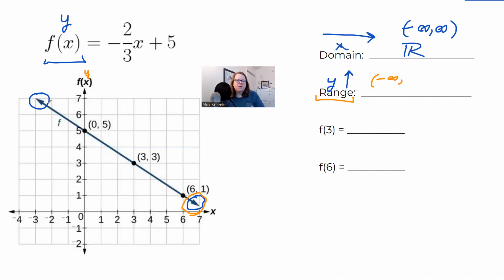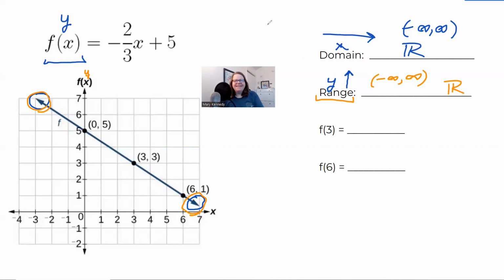And the top of this graph, the highest point, is up here around the 7, but there's an arrow. So that means it doesn't stop at 7. It goes indefinitely through positive infinity. And so the range for this is also all real numbers, or negative and positive infinity. So there's the gist on that.